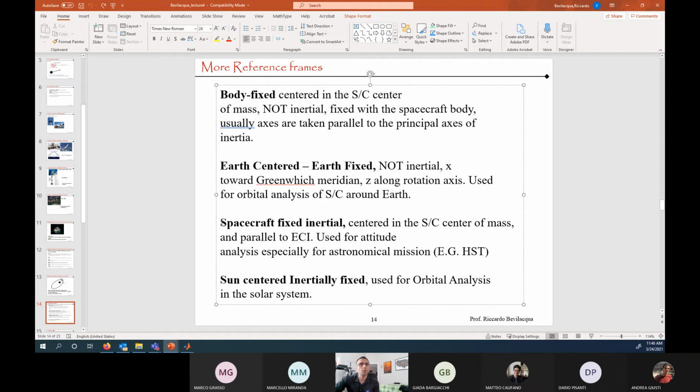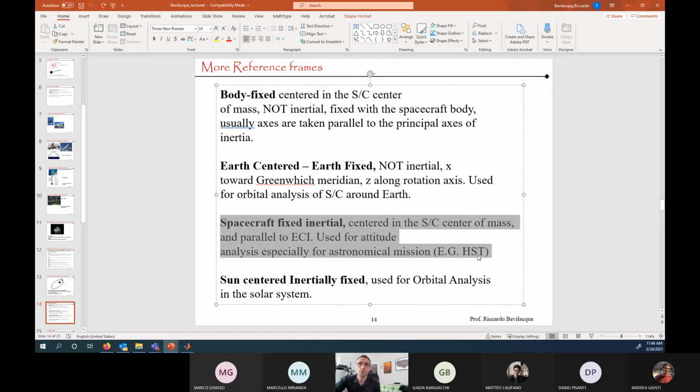Then there are other ones that could be of interest. Spacecraft fixed inertial is not inertial because it's centered at the spacecraft center of mass, which is on an orbit, so definitely accelerating, but the axes are parallel to ECI. And it is used for attitude, especially for astronomical missions such as the Hubble Space Telescope.